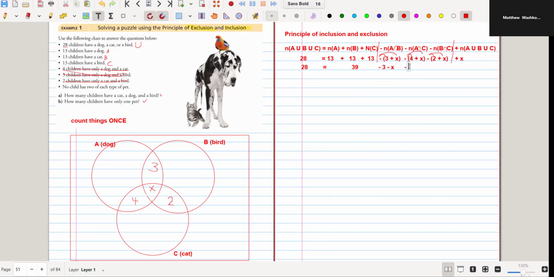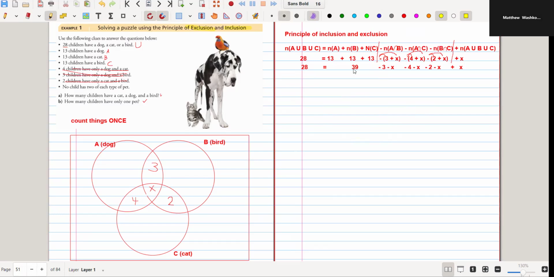Negative 1 times 4 is negative 4. Negative 1 times positive x gives me minus 1x. Again, though, I just write x. That little one's invisible. It's weird like that. Negative 1 times positive 2 gives me negative 2. Negative 1 times positive x gives me negative x. And then I still just have this x here, right?